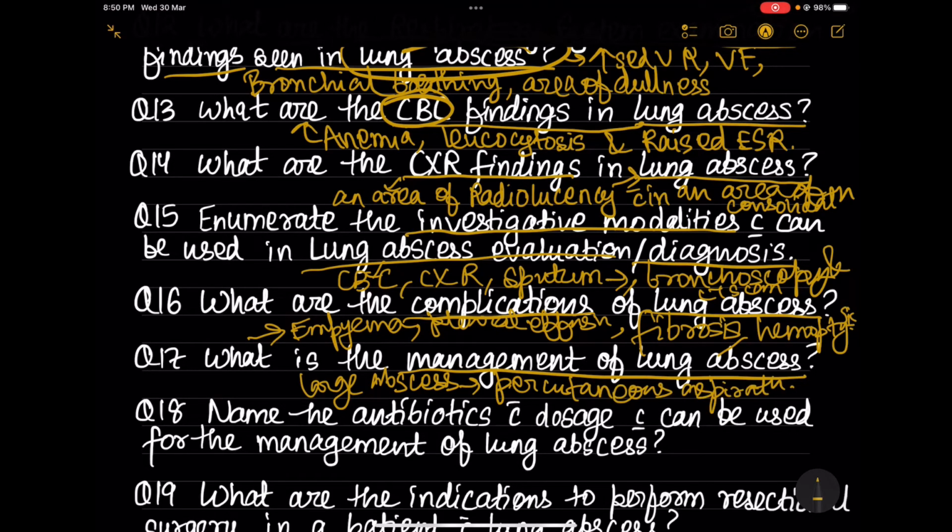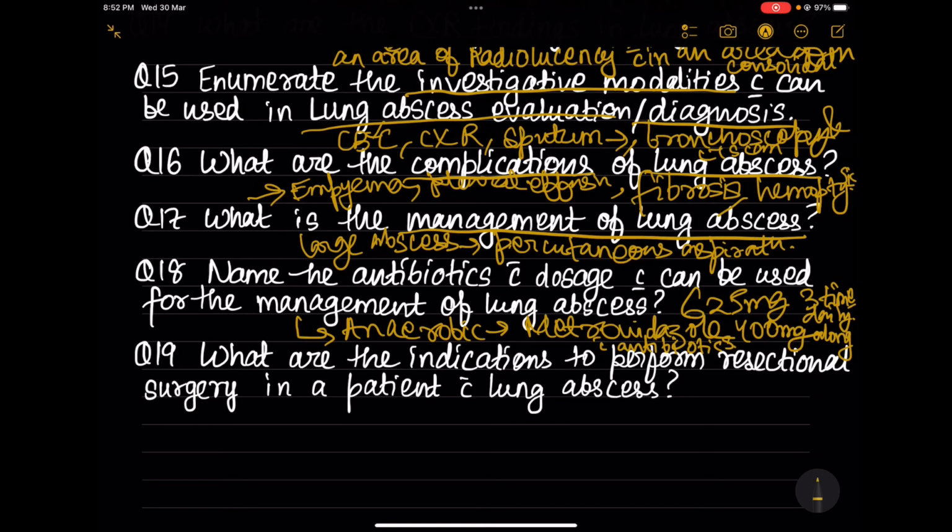The antibiotics which we use here include amoxicillin clavulanic acid, that is 625 milligram, which is given 3 times daily. And if the infection is due to some anaerobic organisms, then we can also add metronidazole 400 milligram.